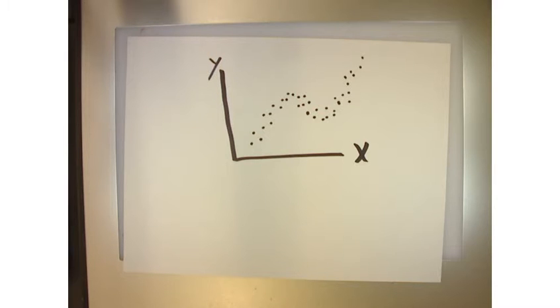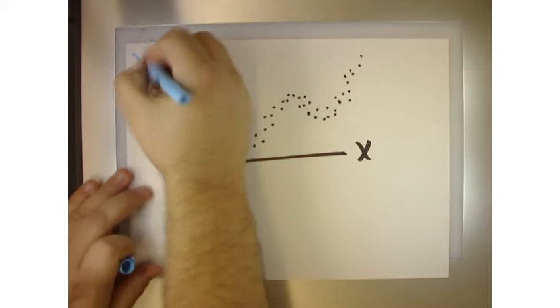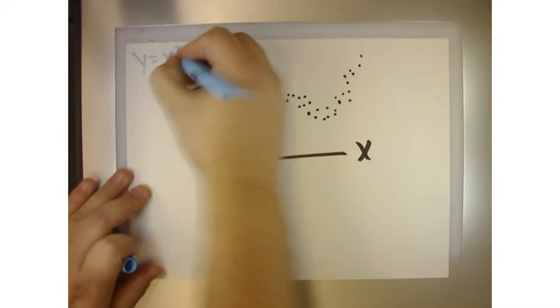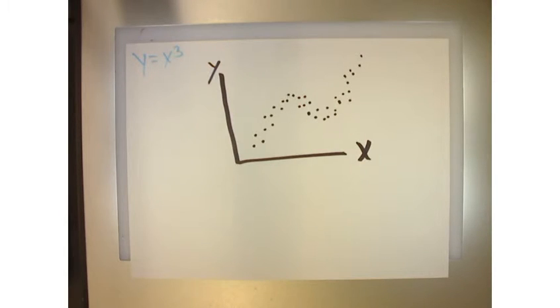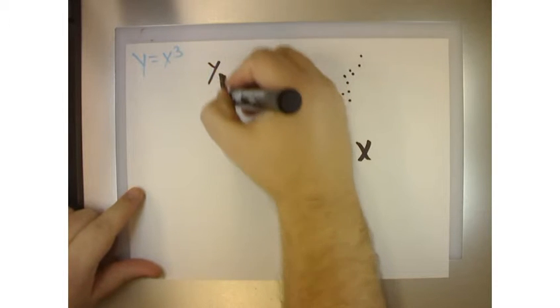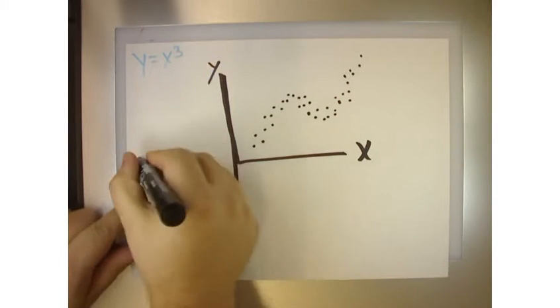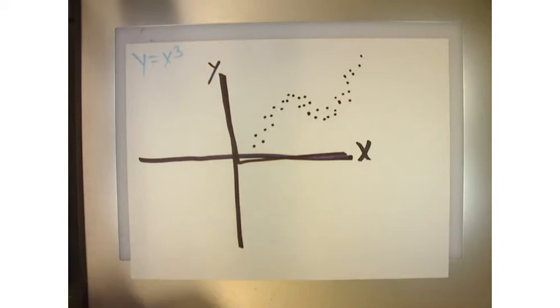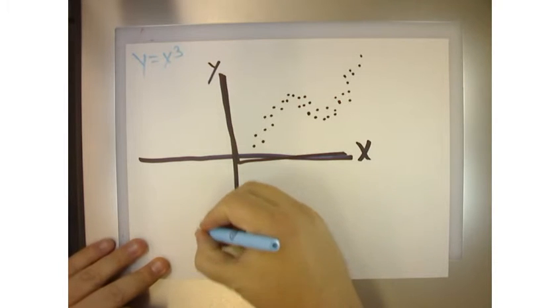In other words, I think automatically y equals x cubed. And if I were to extend this line out, the function y equals x cubed normally graphs like this.